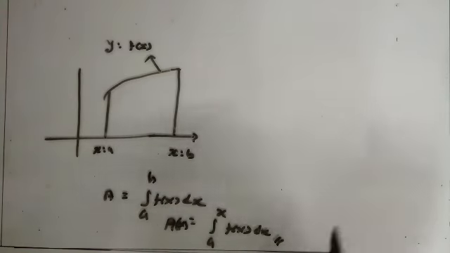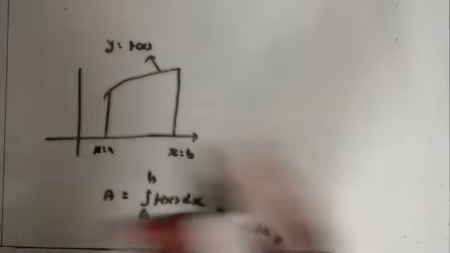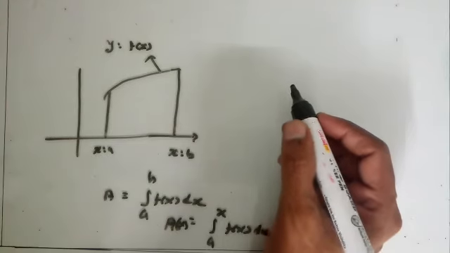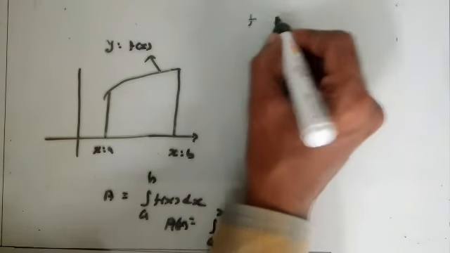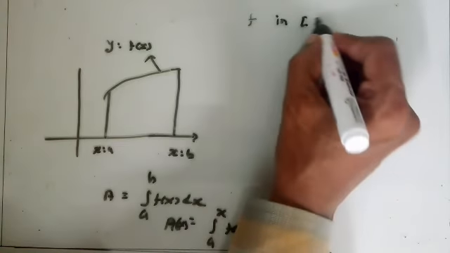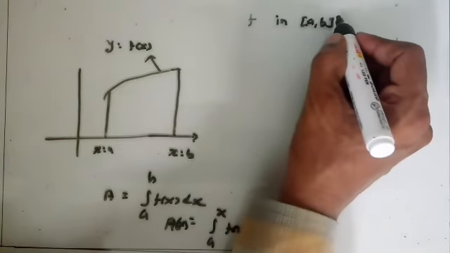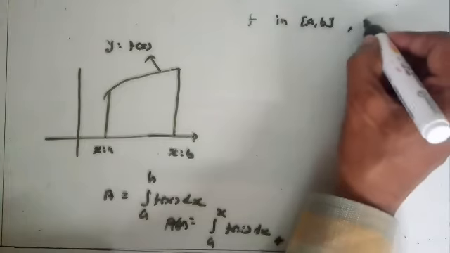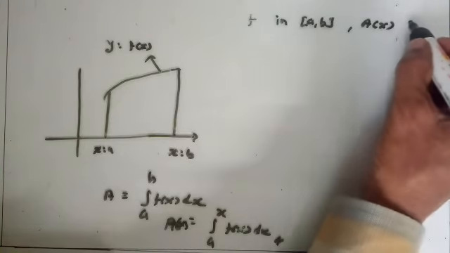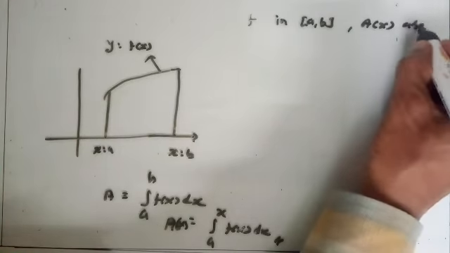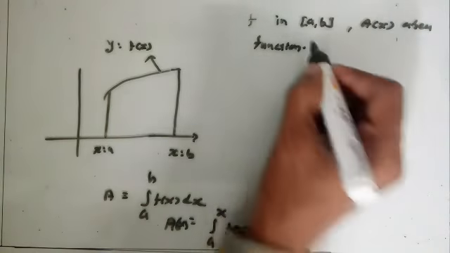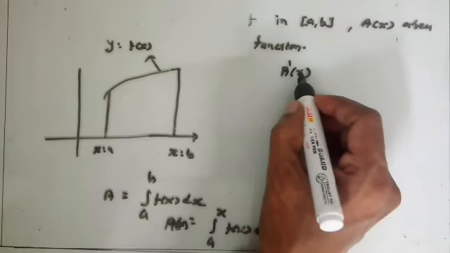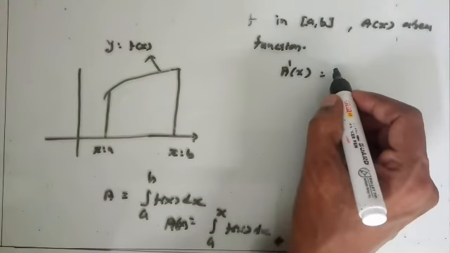Clear? So this function A(x), the integral from a to x of f(x) dx, is called the area function. Now the first theorem: the first fundamental theorem of integral calculus. Let f be continuous on a closed interval [a, b] and let A(x) be the area function, then the derivative of A(x) is equal to f(x).